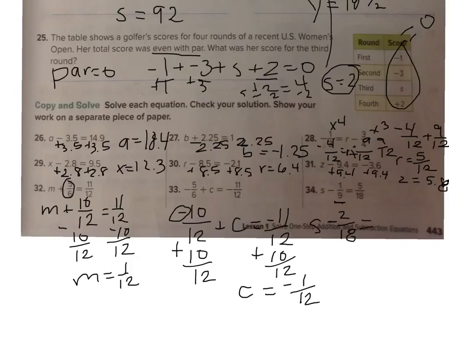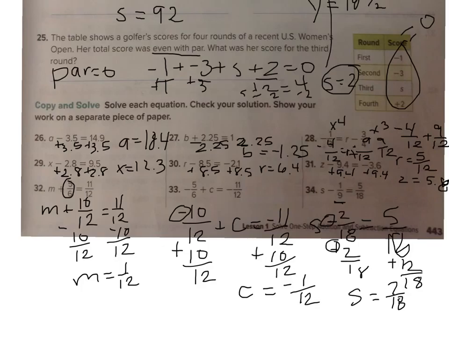And so that equals negative, or not negative, positive 5/18. And so then we need to add 2/18 to both sides because of the subtracting 2/18. We need to add because of the opposite signs. And so s is going to equal 7/18.